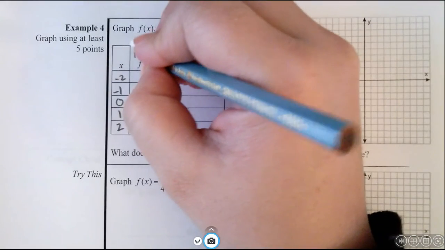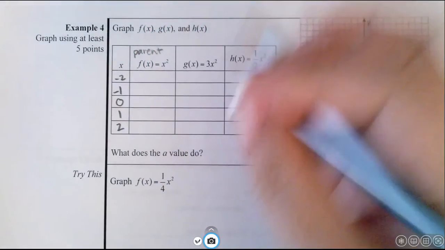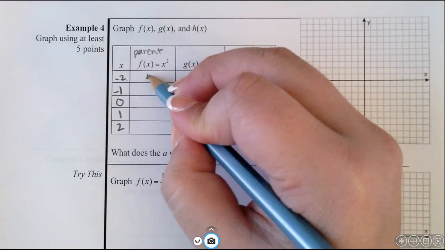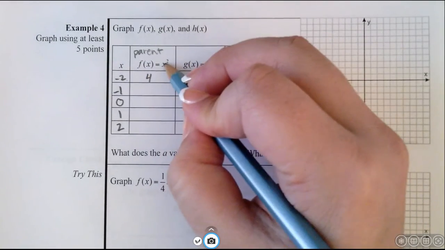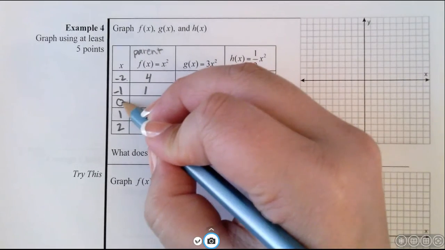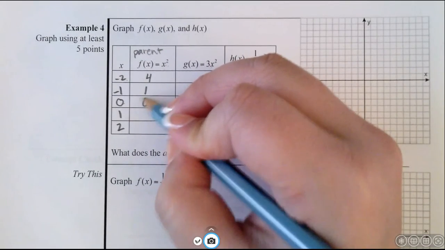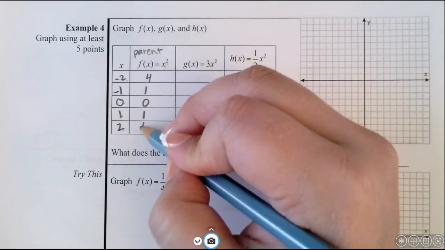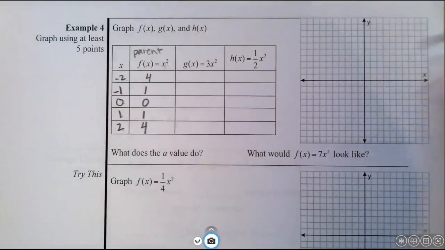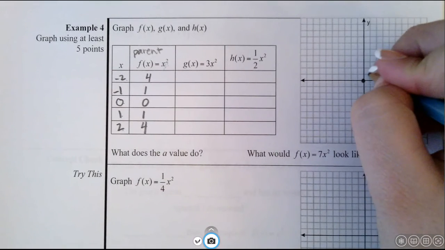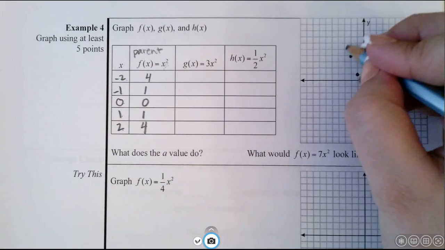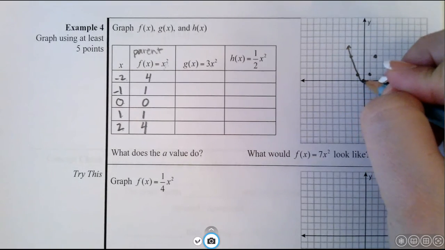Negative 2 squared is 4, negative 1 squared is 1, 0 squared is 0, 1 squared is 1, 2 squared is 4. There's my basic parent function for x squared.